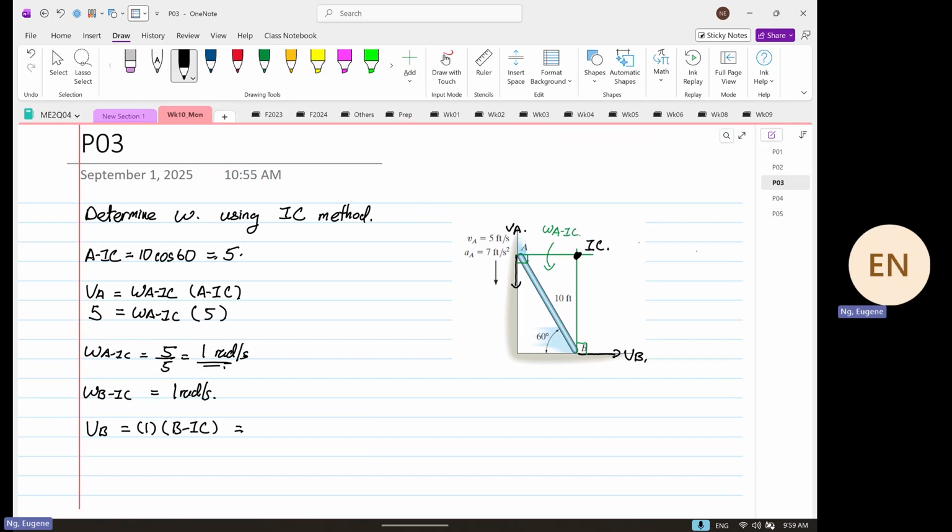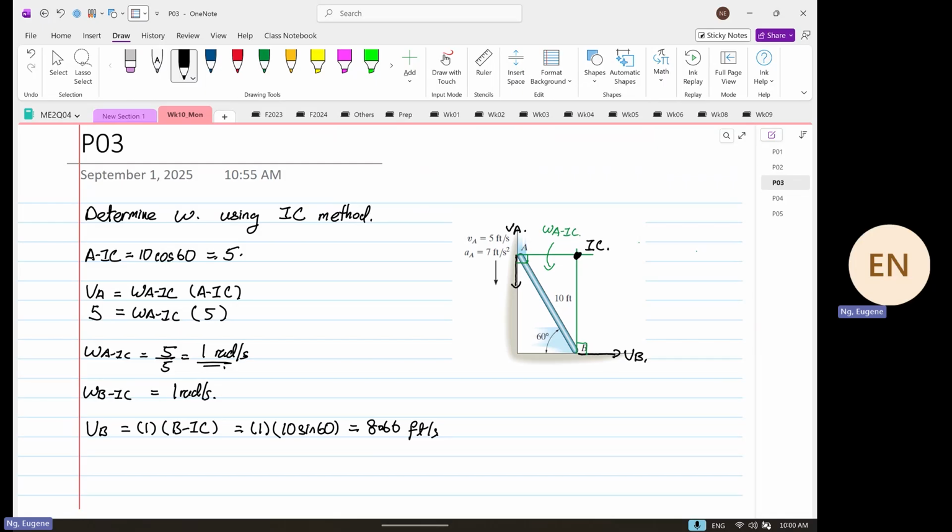B to IC is 10 sin 60, which is equal to 8.66 feet per second.